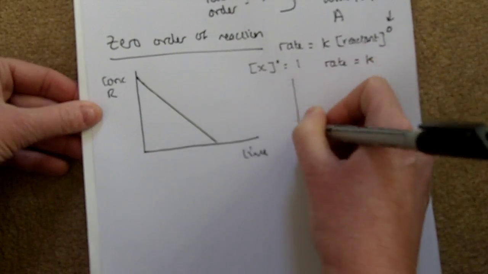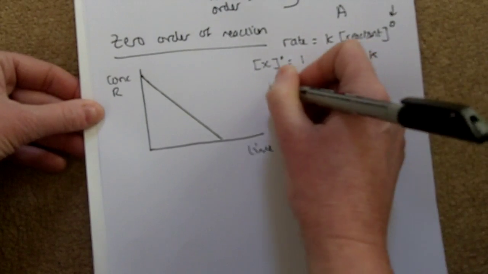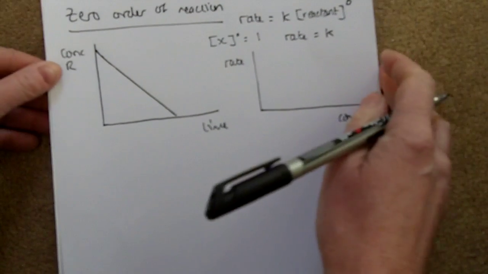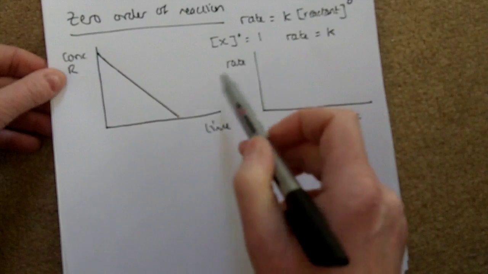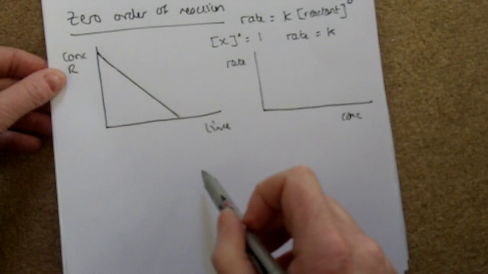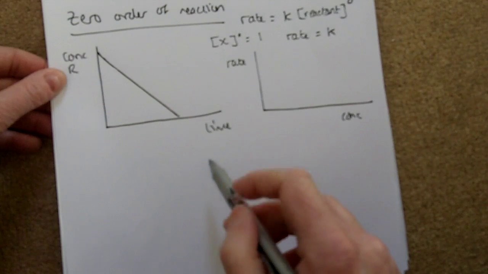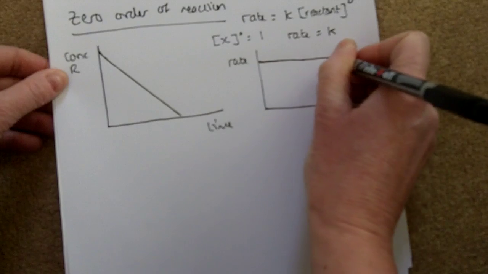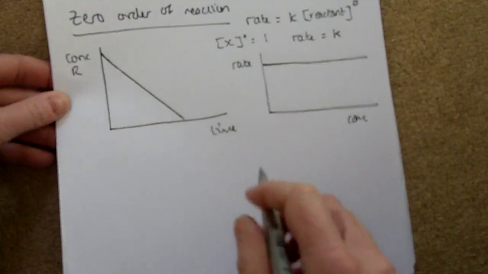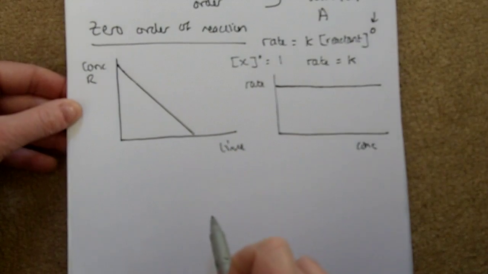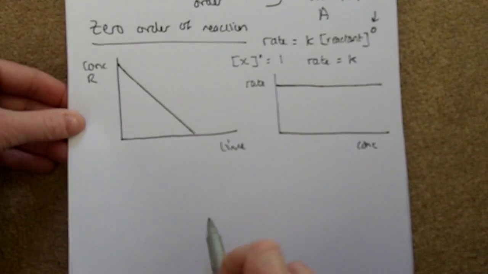So when you plot a second graph of rate versus concentration, if you change the concentration, nothing happens to the rate. So rate equals k is just a straight line like this. The rate is not affected by the concentration, and that's a 0 order reaction.